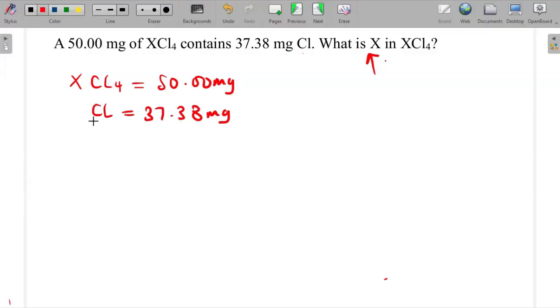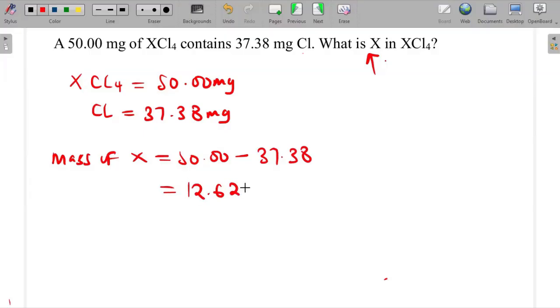Meaning we can actually find the mass of X. The mass of X will be equal to the mass of the whole compound minus the mass of the chlorine. When you subtract this on your calculator, you get 12.62 milligrams. So that is the mass of X, 12.62 milligrams.